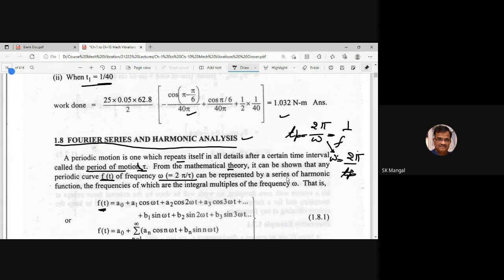So if you know the period of motion, you can find the frequency, and if the periodic motion can be represented by this curve f(t) as a function of t, then I can represent this function as a sum of sine and cosine terms.